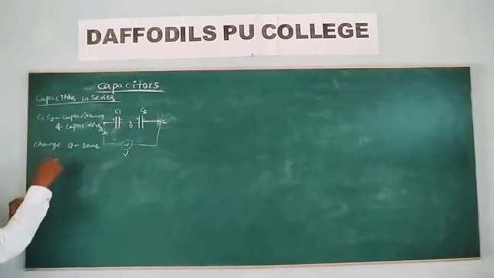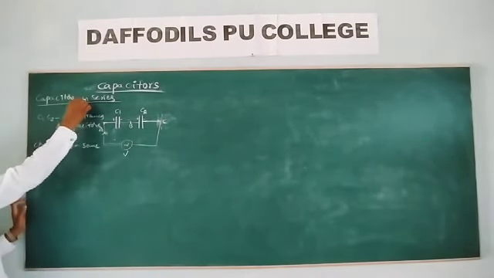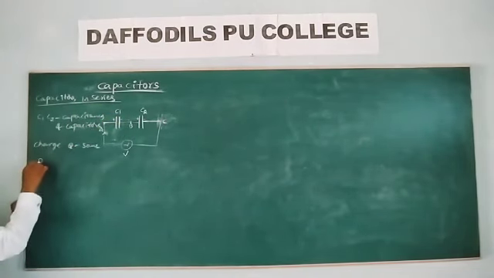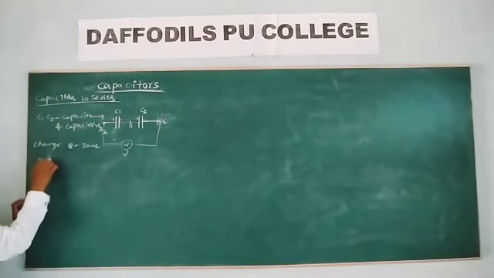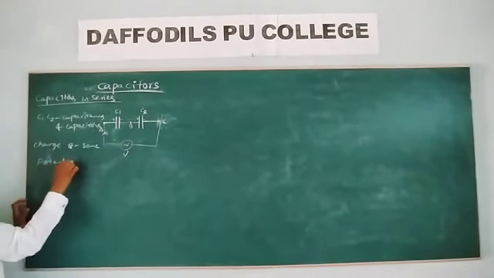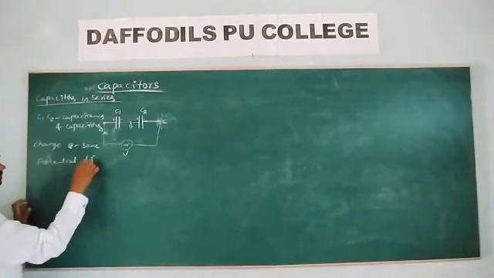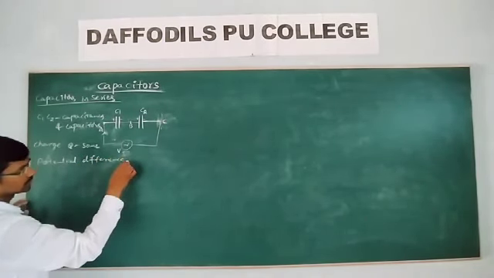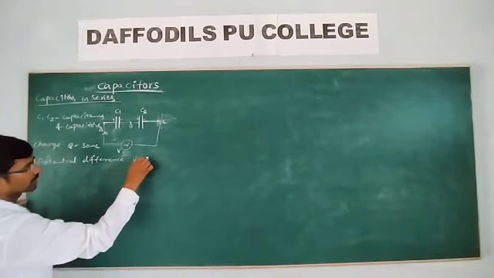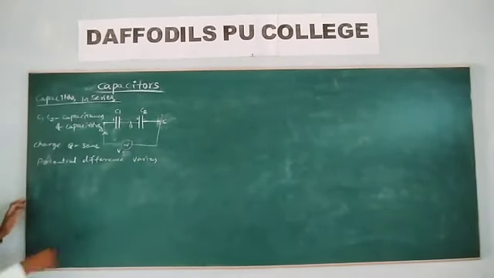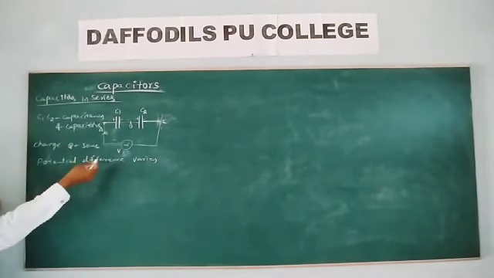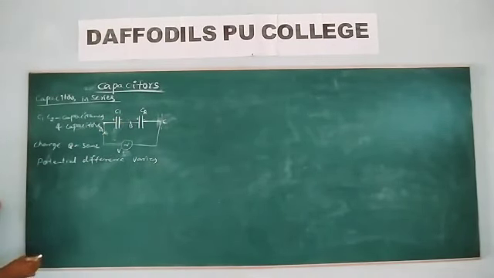That means when the capacitors are connected in series combination, the charges remain the same, but the potential difference is not the same. Let us see the potential difference across each capacitor.